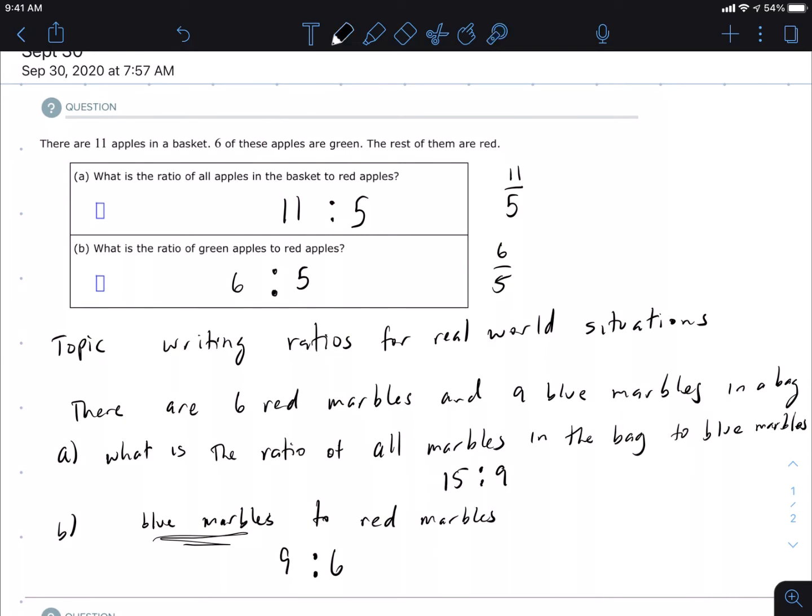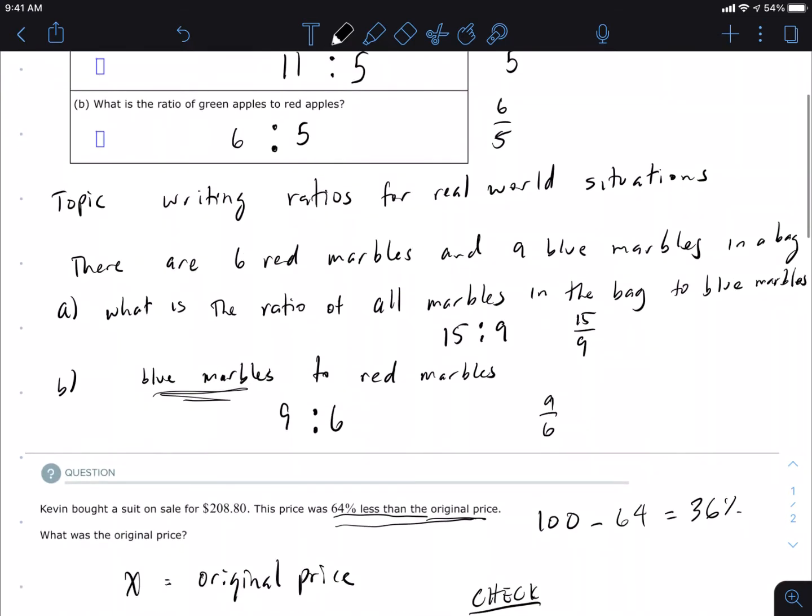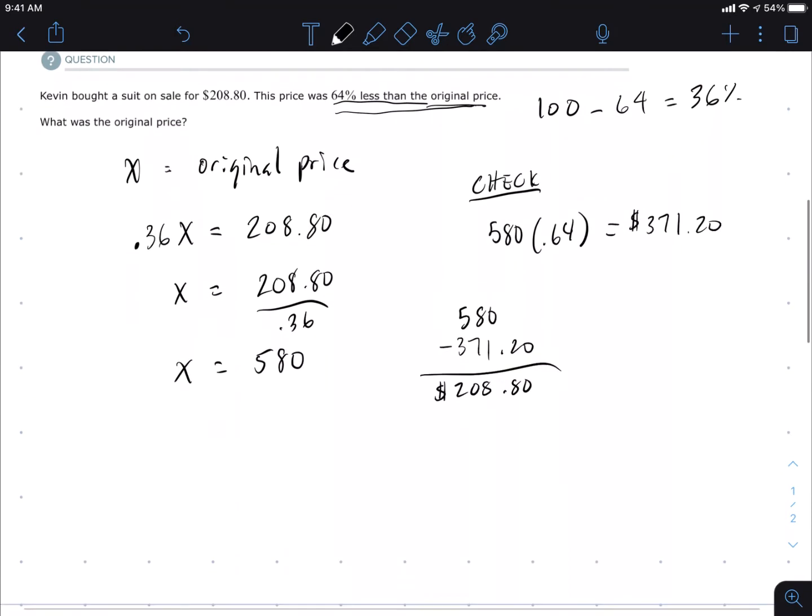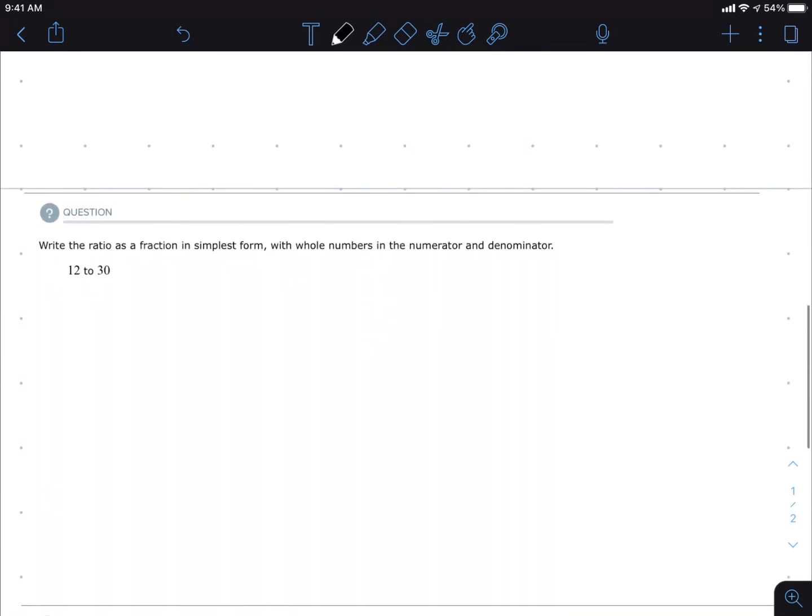I could have also done this one as 15 over 9 and 9 over 6. This could have been reduced to 3 over 2 to get the ratio. For every 3 blue marbles, there are 2 red marbles. So you can reduce, and I think this is what this is alluding to.